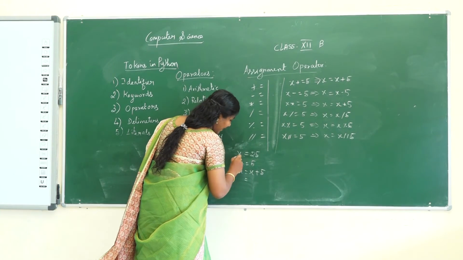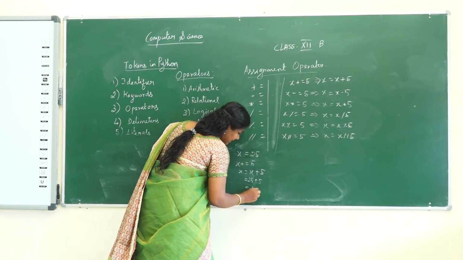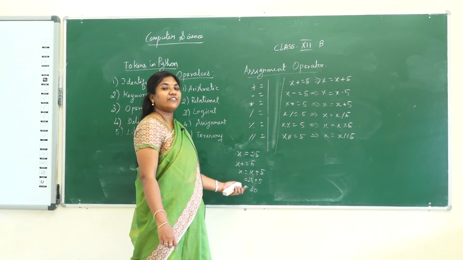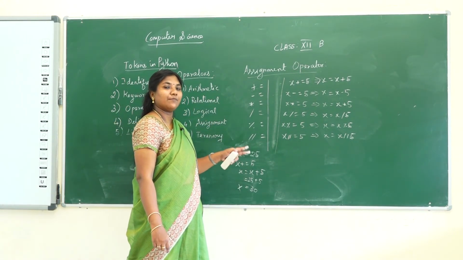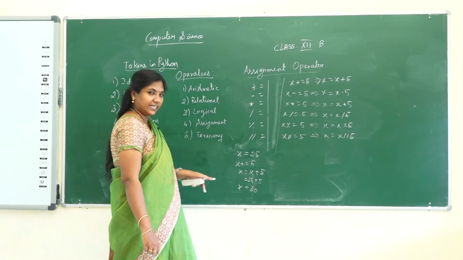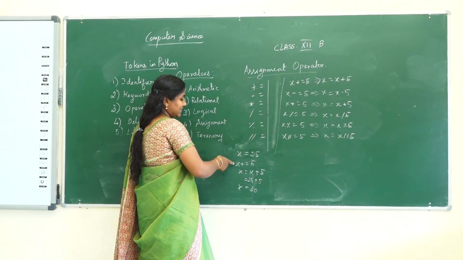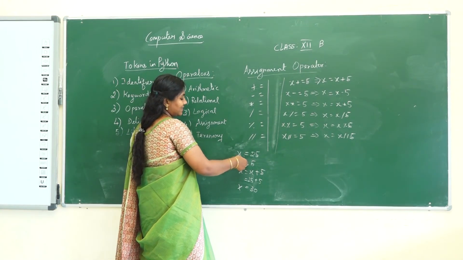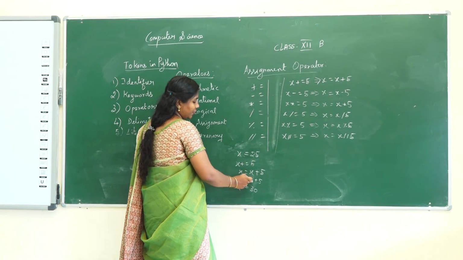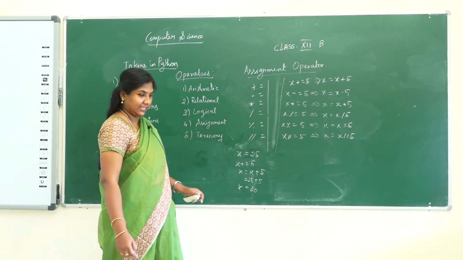Already I have 25 in x, so 25 plus 5 gives 30. So the new value of x is 30. If after two or three lines I perform any operation with the variable x, the value of x will be 30. So first I had x is equal to 25, next I do the operation x plus equal to 5, which means x is equal to 25 plus 5. Therefore, the value will be x is equal to 30.